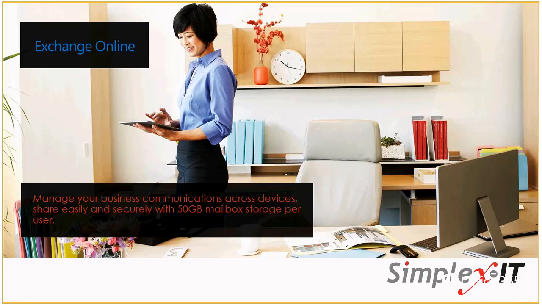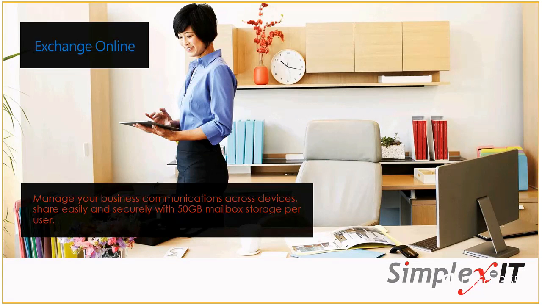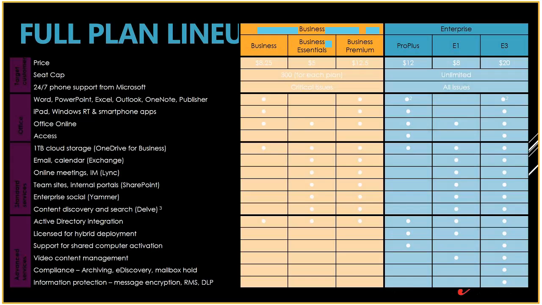Exchange Online. Again, especially if you're looking at comparing, this is not part of what I just showed you. What I showed you here, this is Exchange right here, email, calendar. That's Exchange Online. That's your mailbox.